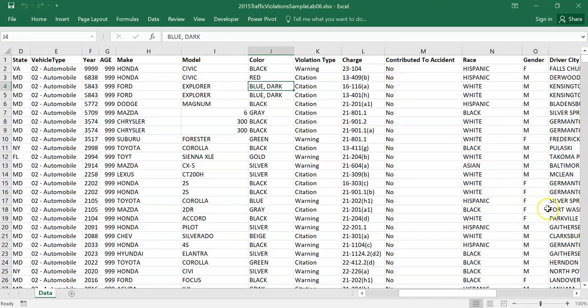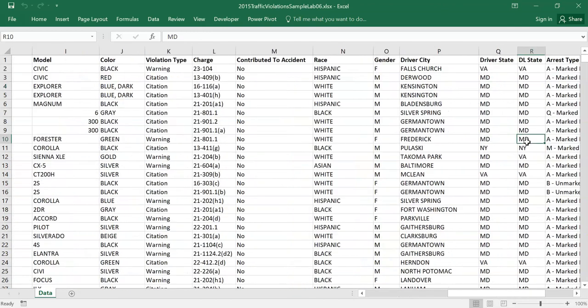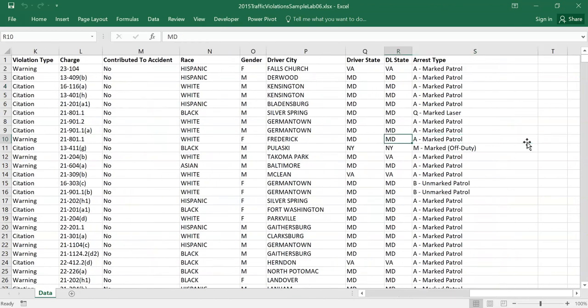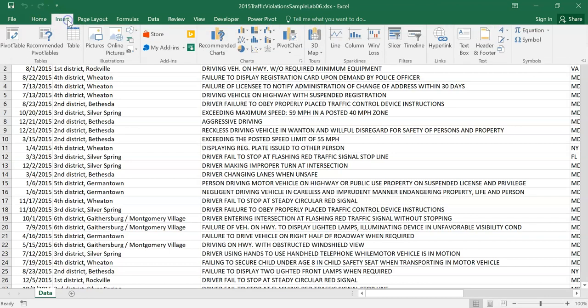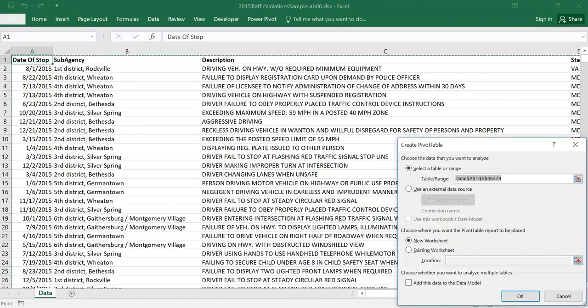Female versus male drivers and warnings versus citations. Then we're going to sort down to some particular data, so we'll do what we've done before. Click a single cell in the data, insert a pivot table.